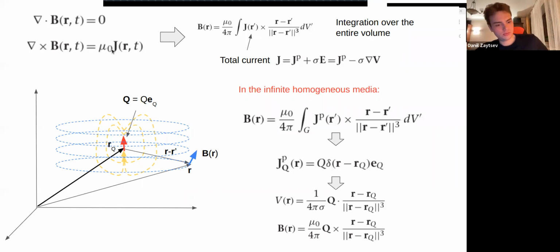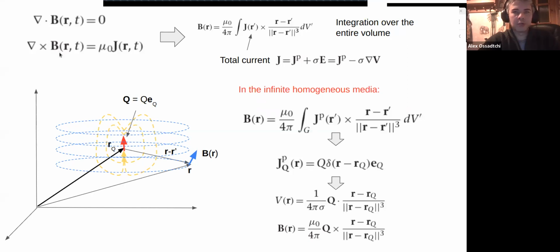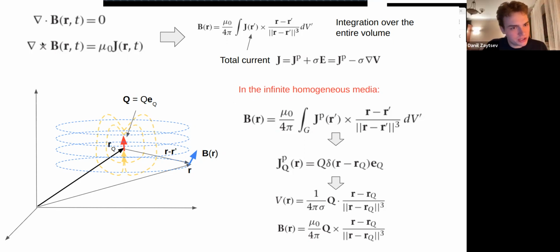So if you're able to say that without this operator, if you just say that B is always in the plane perpendicular to J, you can replace this with these words. Because by cross product we're obtaining a perpendicular vector.